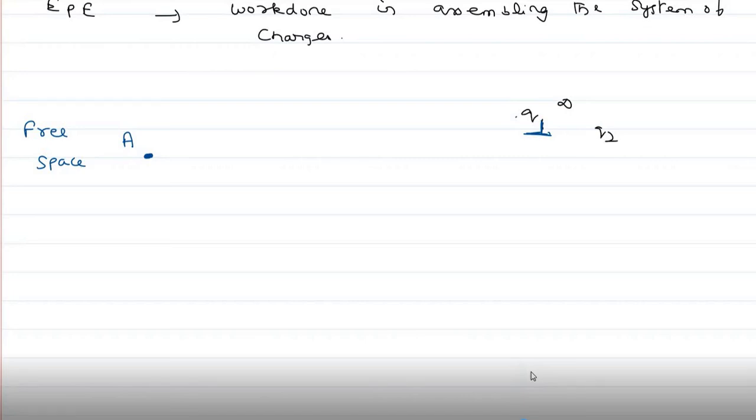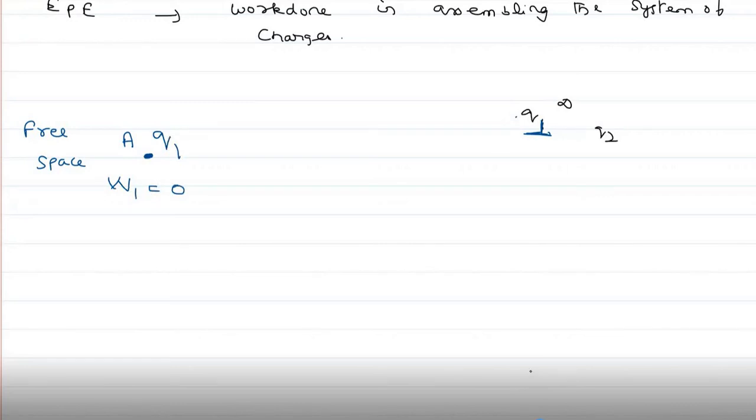So you need not do any work in bringing the charge from infinity to that point A. Since it is empty space, you are not doing work against anything. When we do some work against the electrostatic force, that work is stored as potential energy. Here there is no electrostatic force, so no work is required. So the work done in bringing the charge Q1 from infinity to that point A is 0, and you have placed Q1 here successfully.